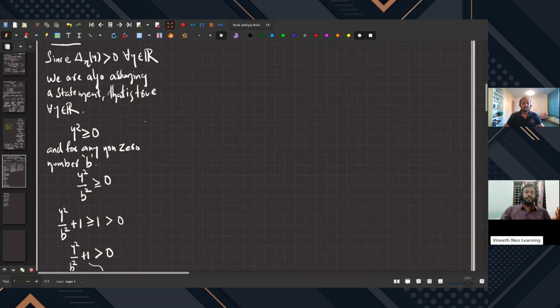I haven't gone that way because I don't want it to be confusing. This proof is already a bit like a proof out of thin air, because this condition is like a universal condition. It's always true that y squared is greater than or equal to 0.